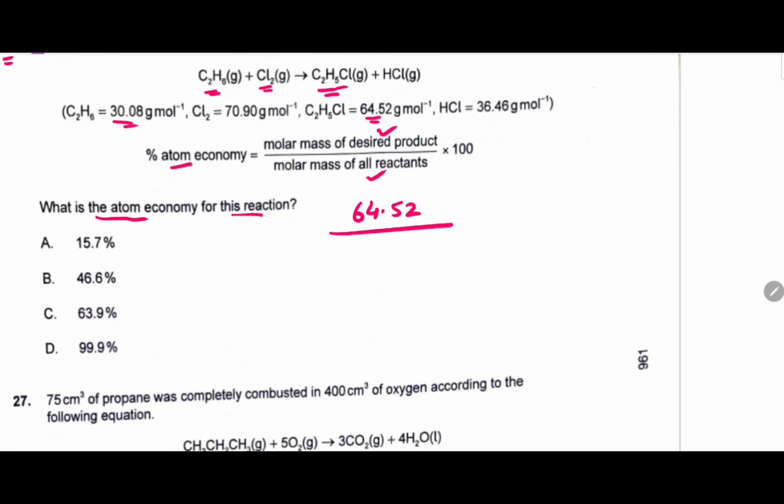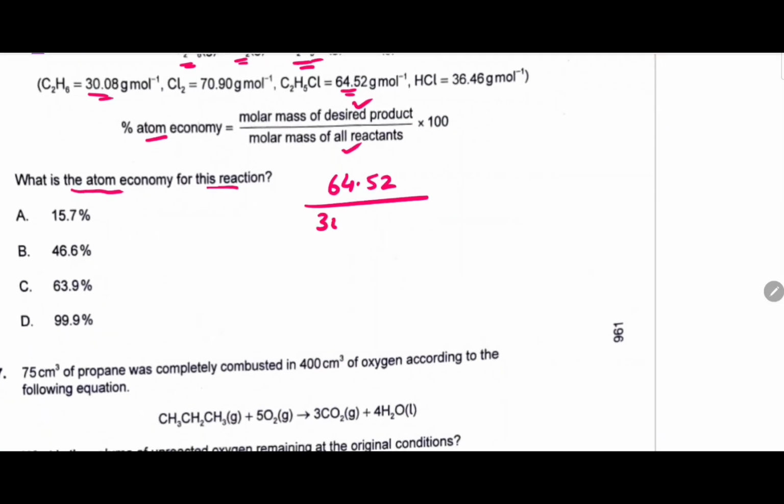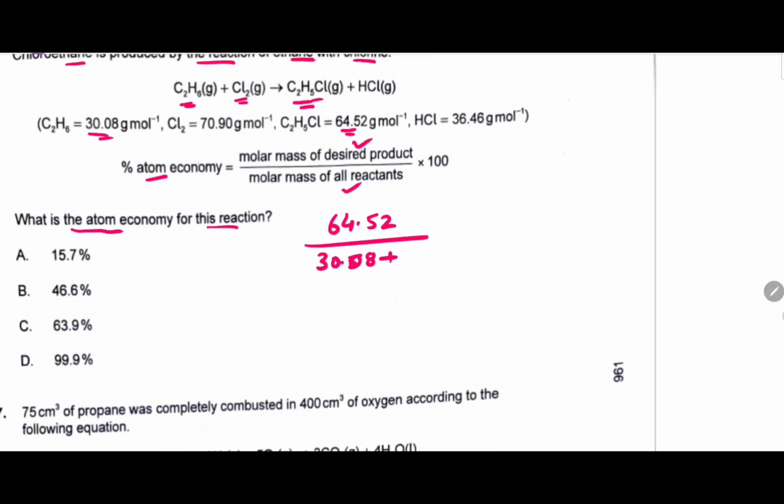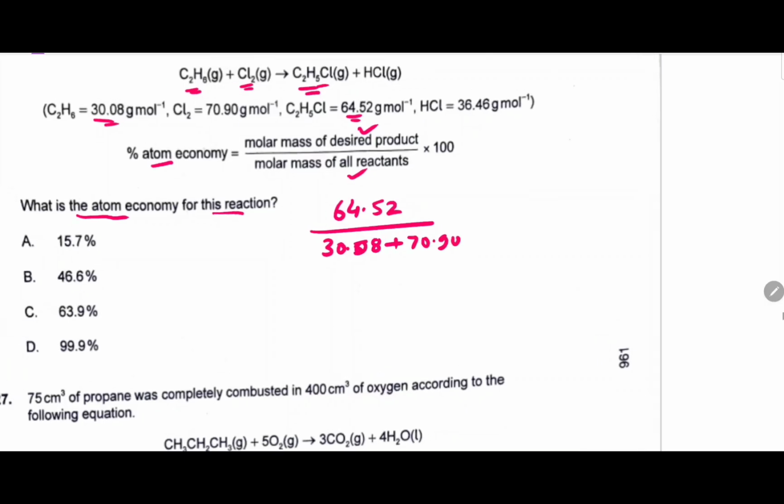We have reactant C2H6, which is ethane. Its molar mass is 30.08 plus chlorine Cl2, which is 70.90. 30.08 plus 70.90.